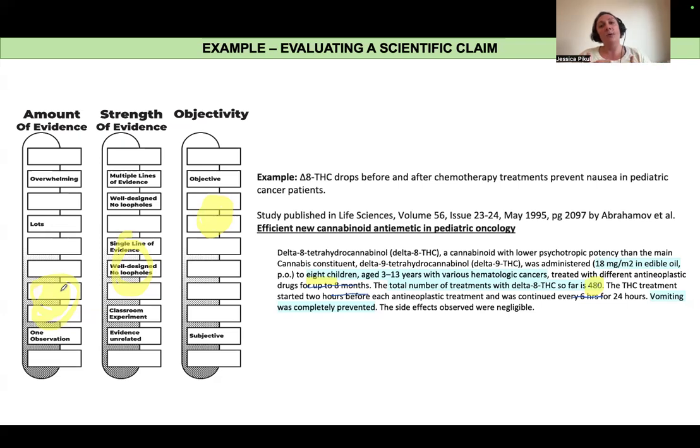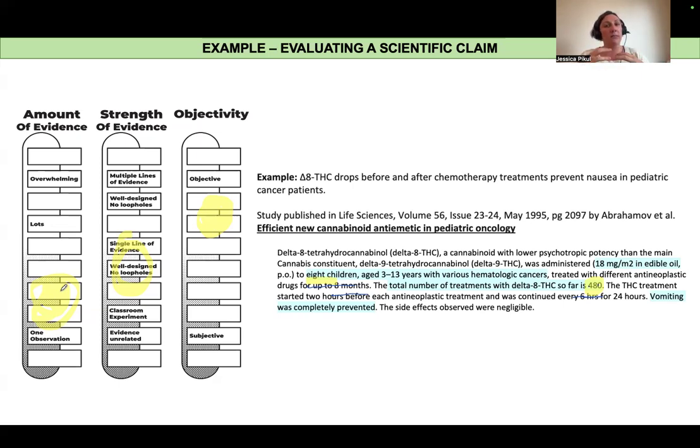And so if someone was making the claim that a pediatric patient should use delta H drops, and they were just using this article, the research within it, as their only evidence, I would argue that it is definitely helpful to making the decision, but it is not a particularly strong argument if this is the only piece of evidence supplied for the claim.